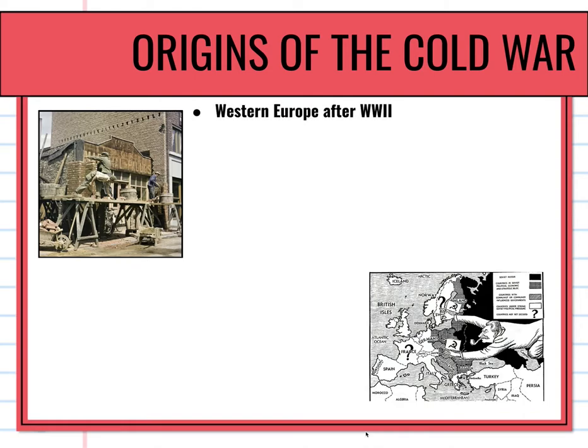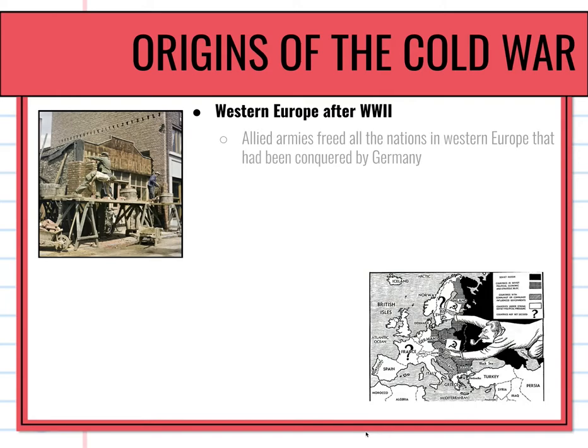So after the fall of Japan in 1945, the world had to kind of come back together and put ourselves back together. So we're going to divide up Europe to see what it looked like after World War II. The Western nations of Europe, the Allied armies came in, liberated all of those nations conquered by Germany, and they felt that they needed some help.